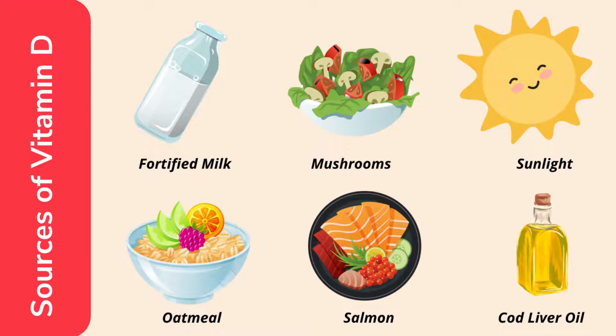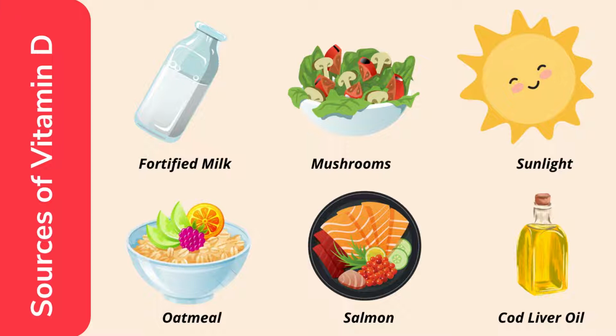Talking about the sources of vitamin D, it's almost the same as vitamin B12, where vegetarian sources are not really present and mostly non-vegetarian sources are present, but I can state some of both. If you want vitamin D from vegetarian sources, then you need to have fortified milk, mushrooms, sunlight, and oatmeal.